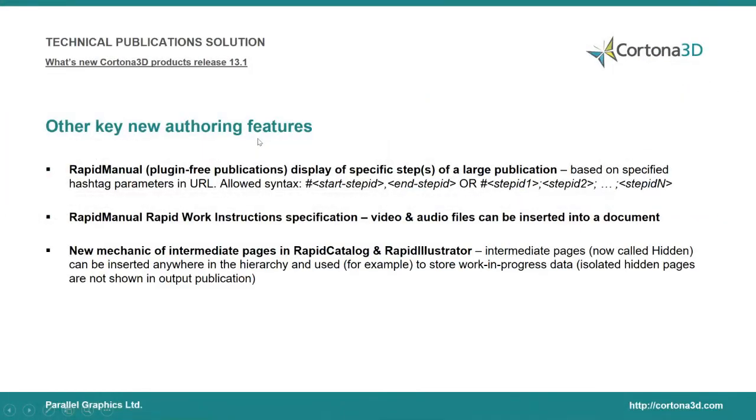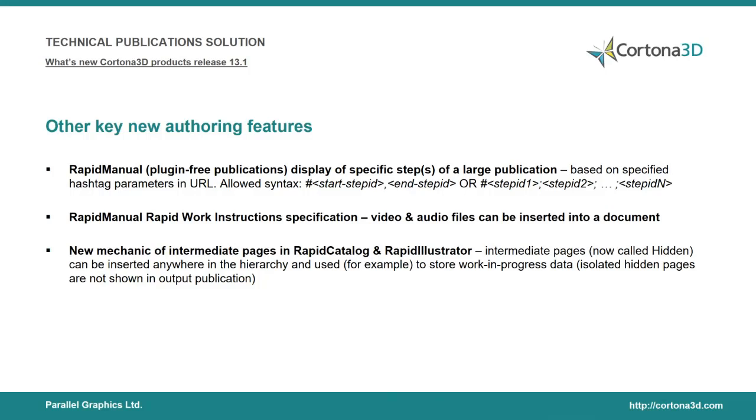Next, not that major a feature, but still, in Rapid Catalog and Rapid Illustrator, we changed the name of our intermediate pages. They are now called hidden, and now they can be inserted anywhere in the structure of your pages.